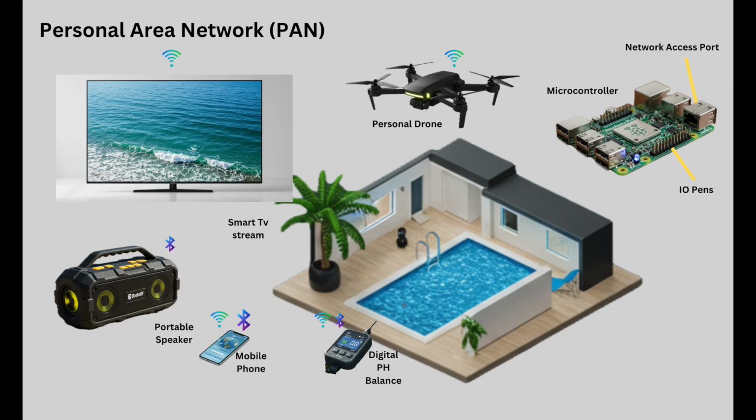So in this case, you could plug in an Ethernet cord, and it would go to this little device and would have internet connectivity. And it also has the I/O pins, which stands for input and output. And from there, you can connect different cables.